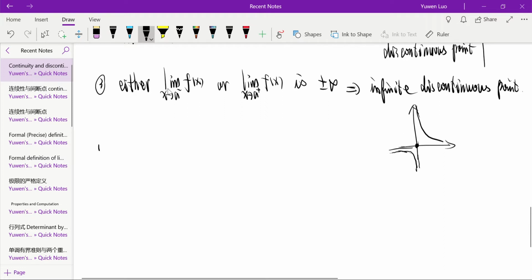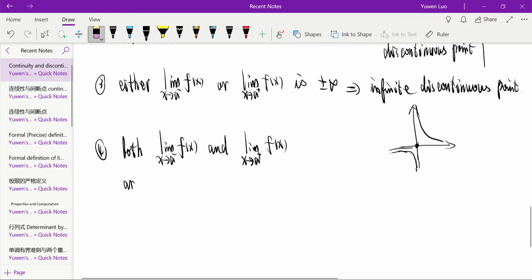The last one is when both the left limit and the right limit do not exist.